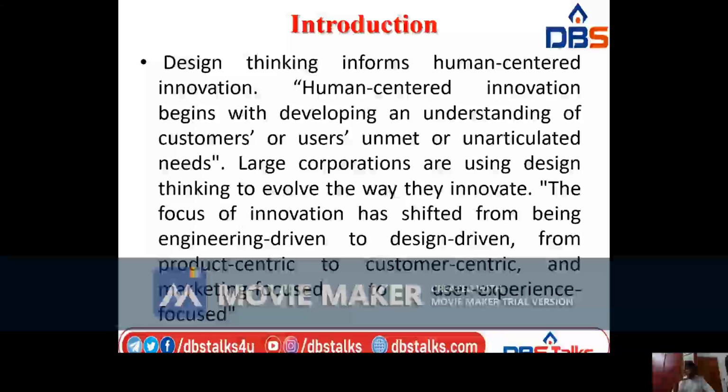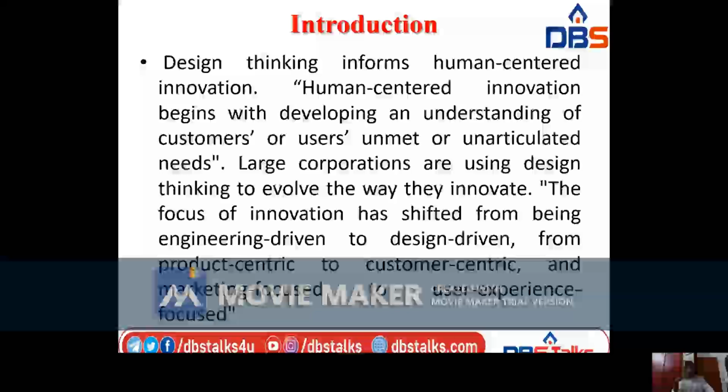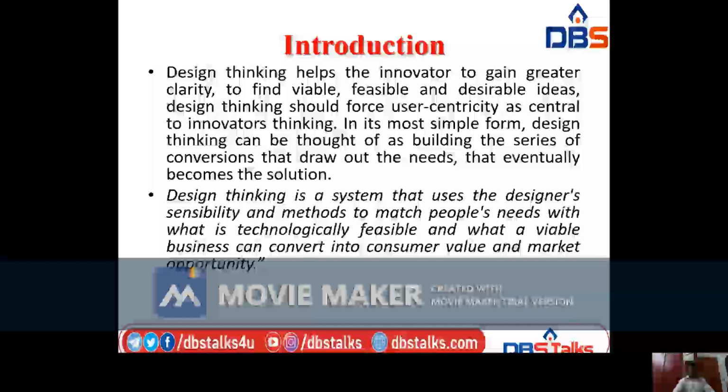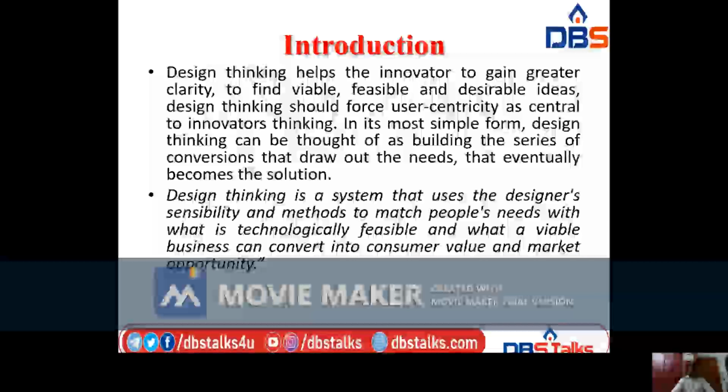Now these are the things which have changed based on developing the design thinking concept. Design thinking helps the innovator to gain greater clarity to find viable, feasible, and desirable ideas. By using this, the designers can easily get better ideas.